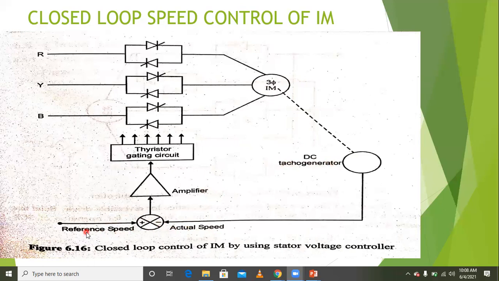So the conduction angles of the thyristor gate firing circuits are just sufficient to allow development of motor torque. This motor torque is equal to the load torque.